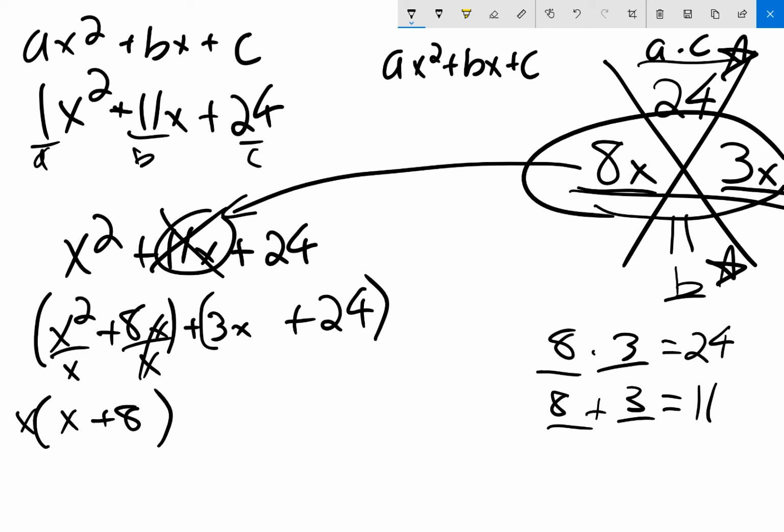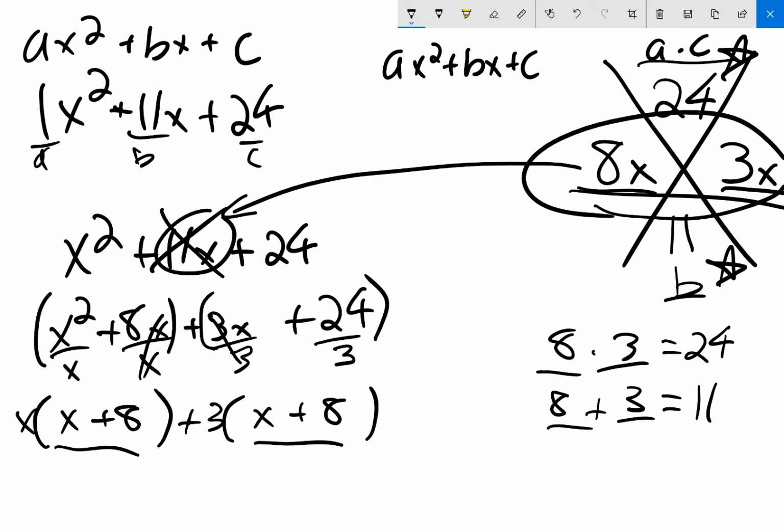And now for the second group, GCF again: these two terms, 3x and 24, are both divisible by 3. So I'm going to divide that 3 out and put it in front of these parentheses. Remaining, 3x divided by 3 is just a single x, and 24 divided by 3 is 8. So now at this point, the two GCFs should factor into the same binomials. x plus 8 and x plus 8 are the same, not by coincidence, they're supposed to be the same.